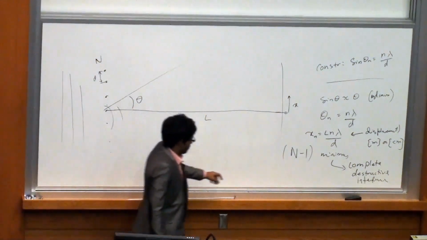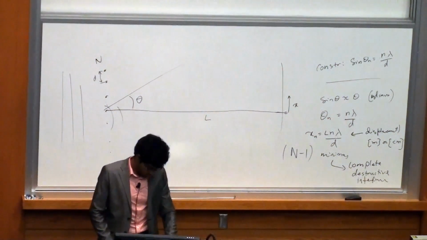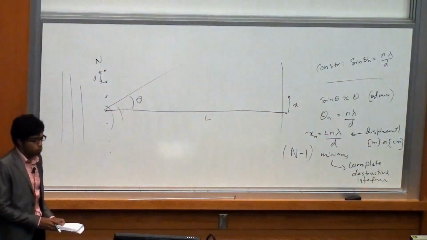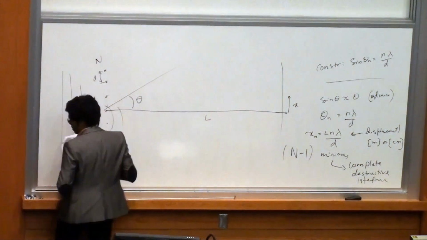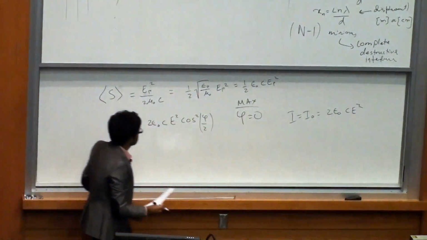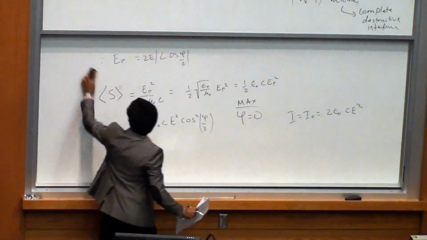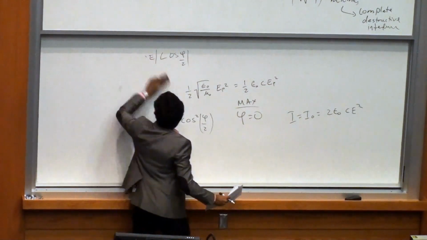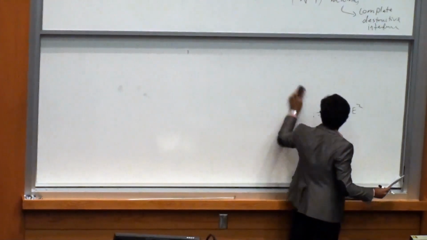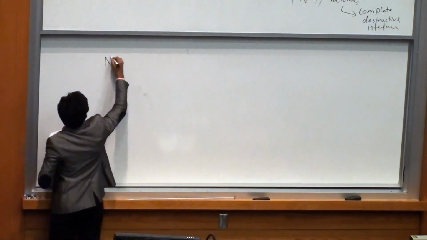Again, I have to say this is different from the small n. If you remember, last time we looked at the case when big N was equal to 2.